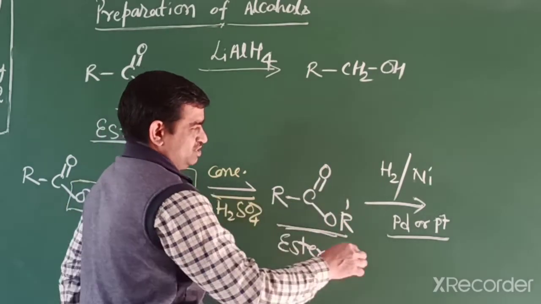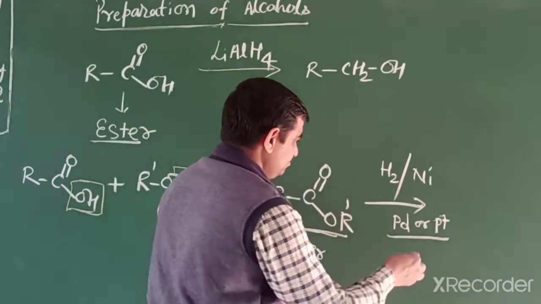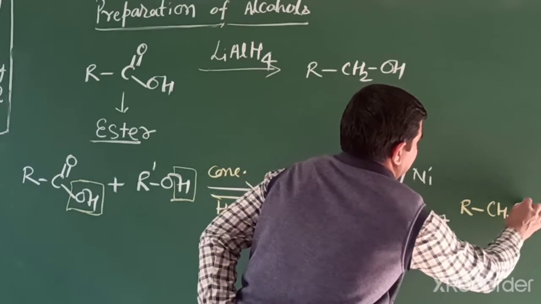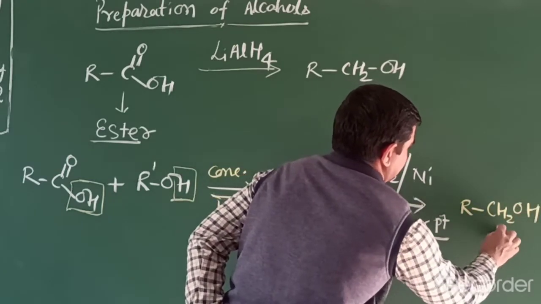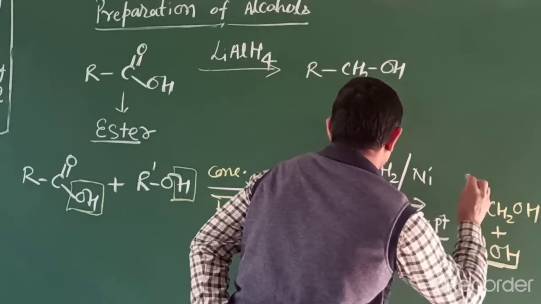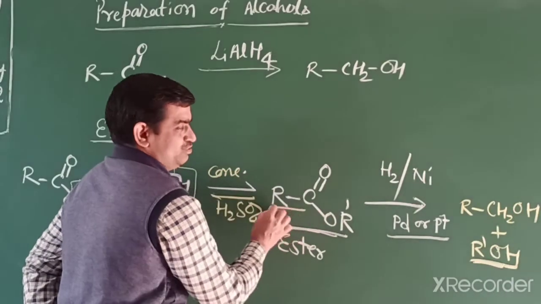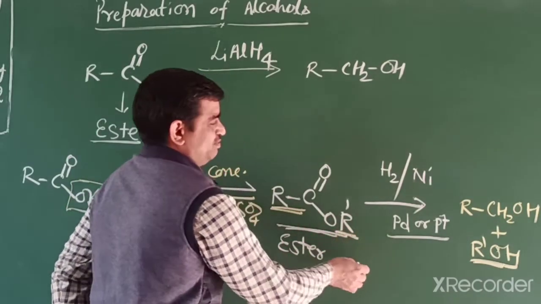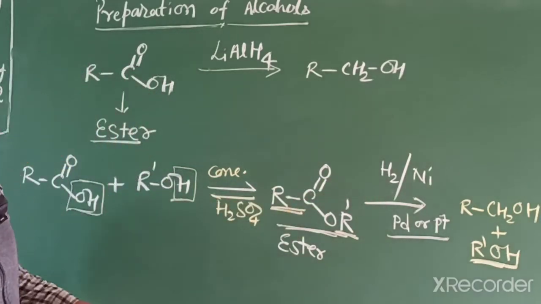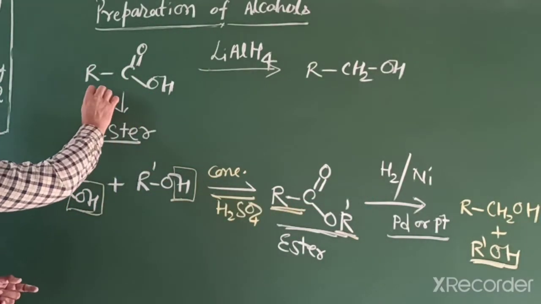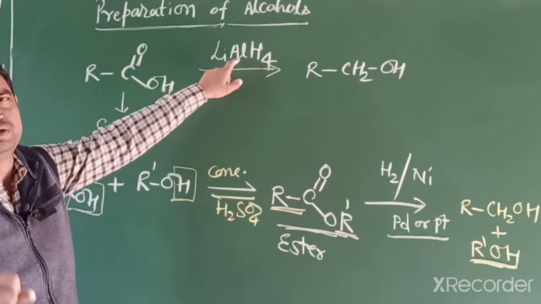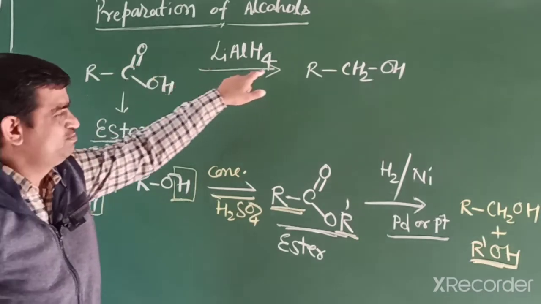After reduction we get primary alcohol like this, a mixture of primary alcohols. This carbon also changes into alcohol, and this one also changes into alcohol after reduction of the ester.